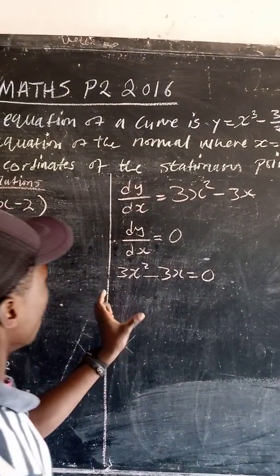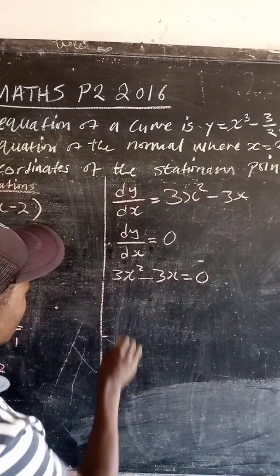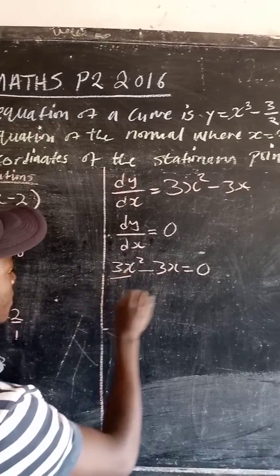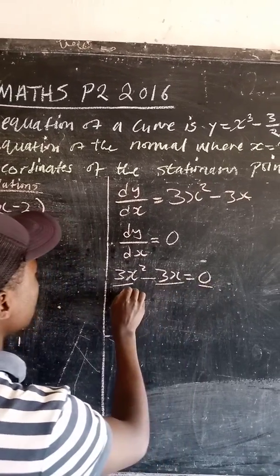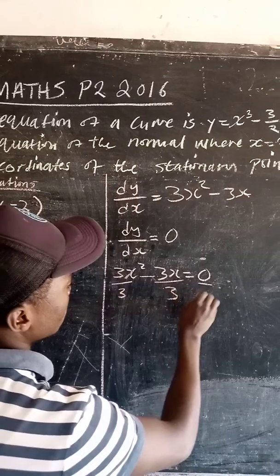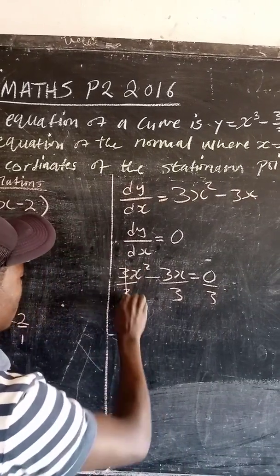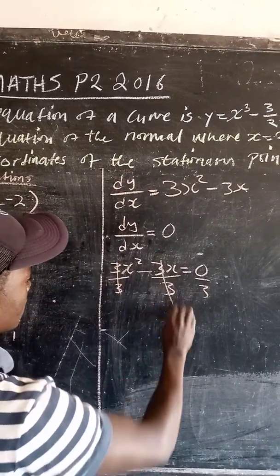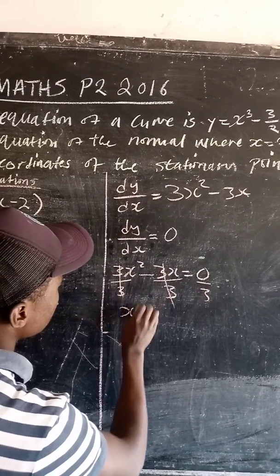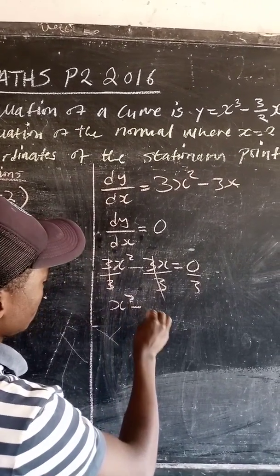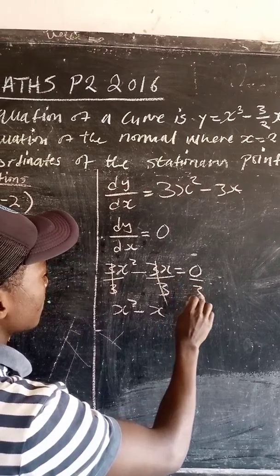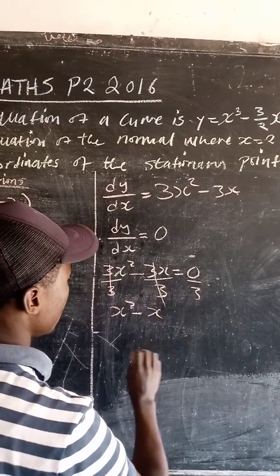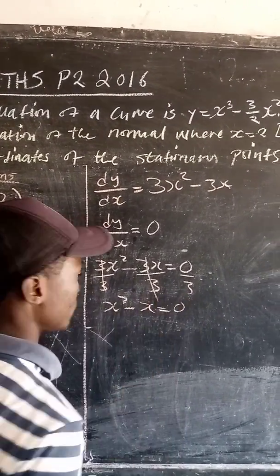And then in this case, we can reduce it to the lowest term by dividing with the 3. With 3, it cancels, and we remain with x squared minus x, and 0 divided by 3 is 0. It is equal to 0.